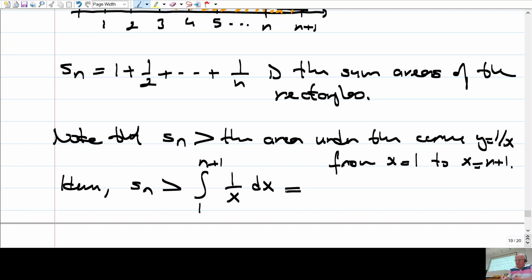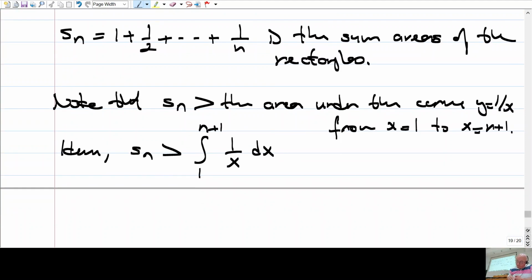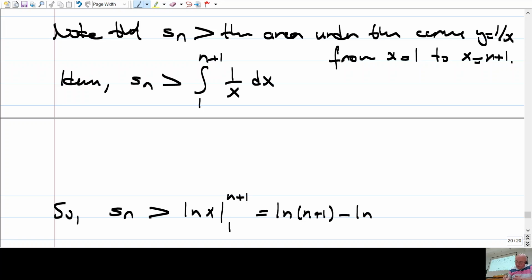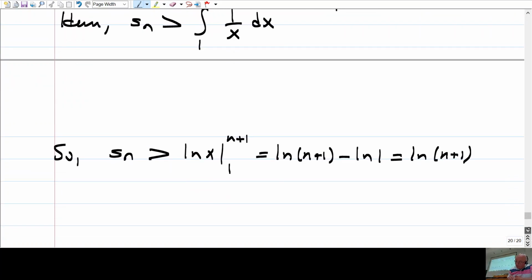And we know what this is, right? So Sn is greater than ln x evaluated from 1 to n plus 1. So this is just ln of n plus 1 minus ln 1, which is just 0. So this is ln of n plus 1. So Sn is larger than ln of n plus 1.